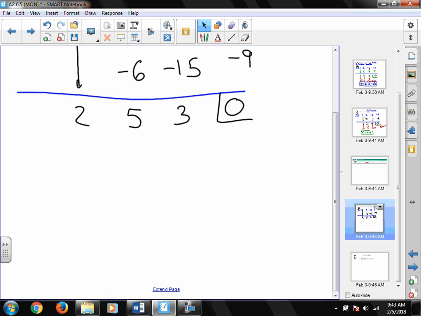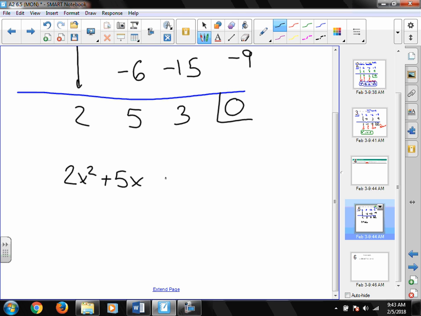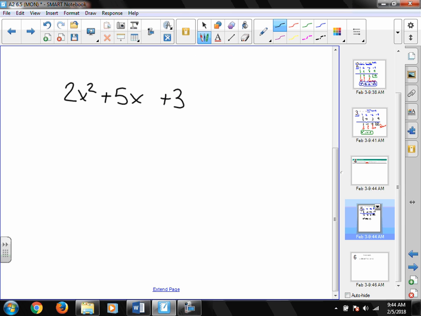So this means that we end up with 2x squared plus 5x plus 3. And this is something that we can factor. Goes back to chapter 5, goes back to your factoring from Algebra 1. Now we should be able to plug in with our 2 sets of parentheses.